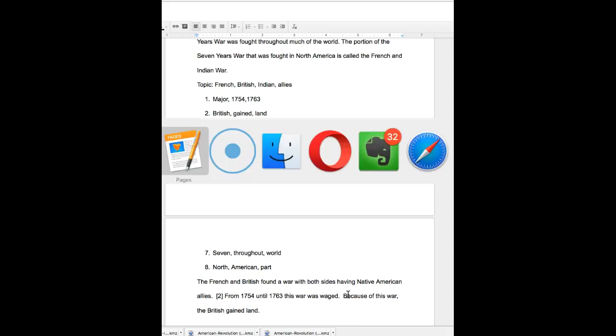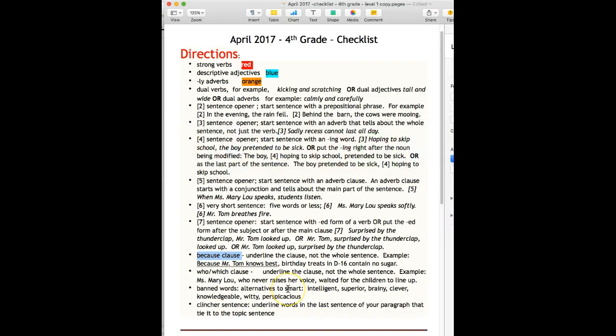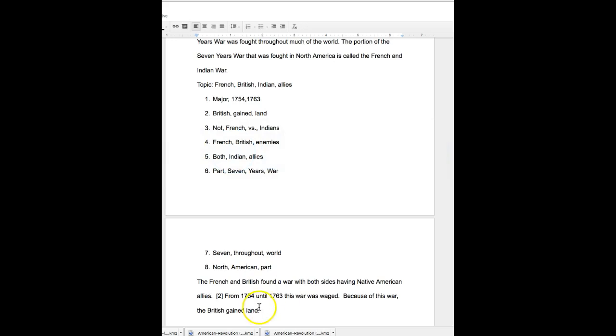And if we look at what we're supposed to do for that, we're supposed to underline it. So let's go there and underline it. Because of this war, the British gained land. And so remember, the third sentence, we thought we might be able to do a number 3, not French versus Indians.